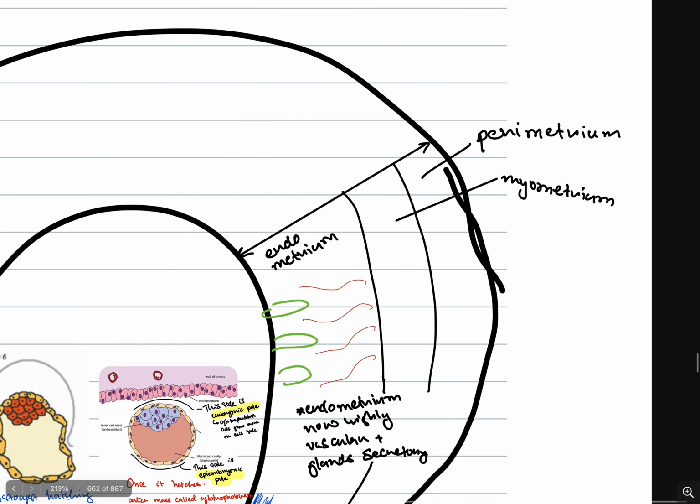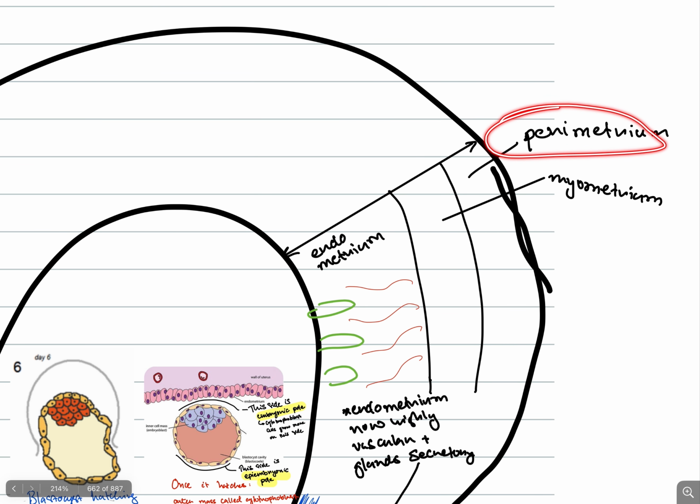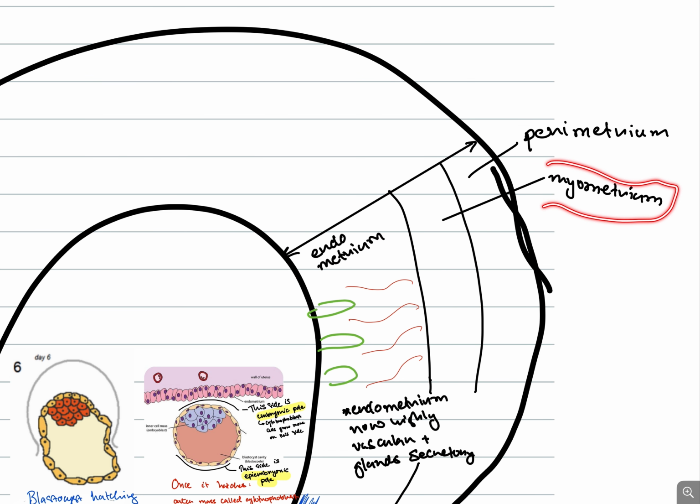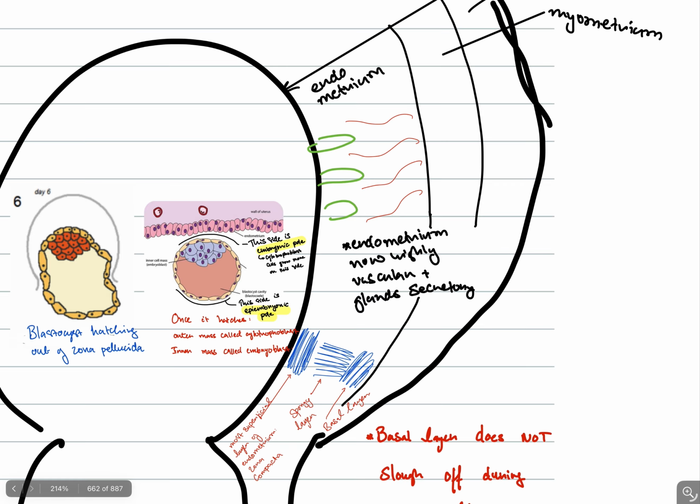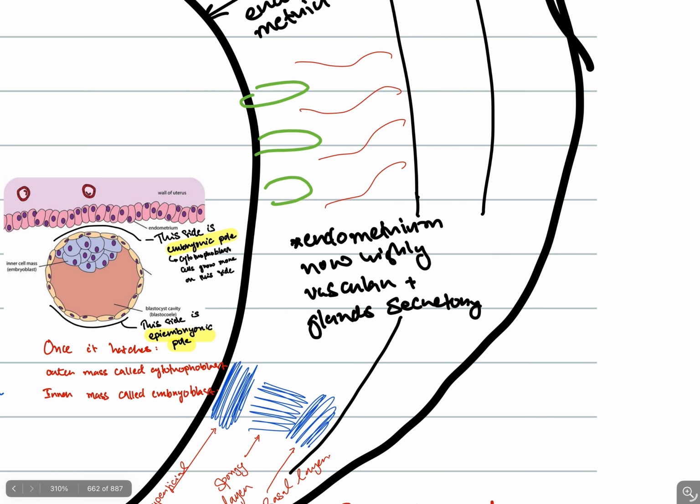But then the uterus itself, we have the perimetrium, the myometrium, and then obviously the endometrium. And the myometrium is what basically causes the contractions. So anyways, within the endometrium, it's going to be highly vascular, and it's going to have secretory glands.